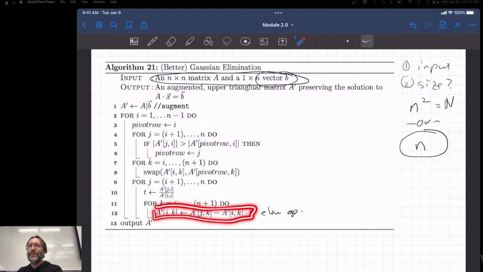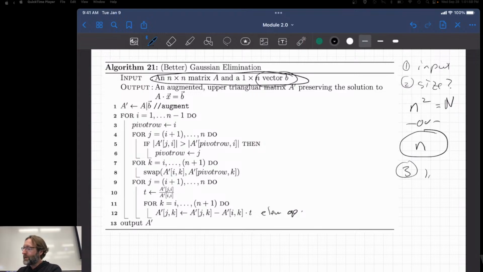Who cares? It's just one line, right? You do one multiplication, one subtraction. So at the end of the day, if you choose one or the other, is it going to make a difference? No, it's just this one right here. Right? So here's my elementary operation, line 12. I'll just say multiplication.